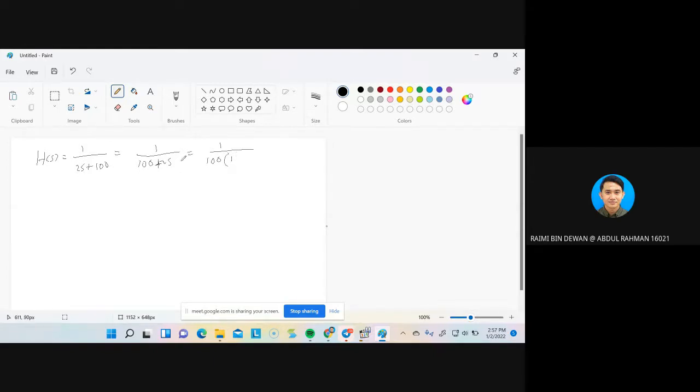And then how about here? This one is 2s, so 2s over 100, and this needs to have a coefficient of 1 in the standard form. So 100 over 1 plus s over 50. Am I correct? So this one is 50.